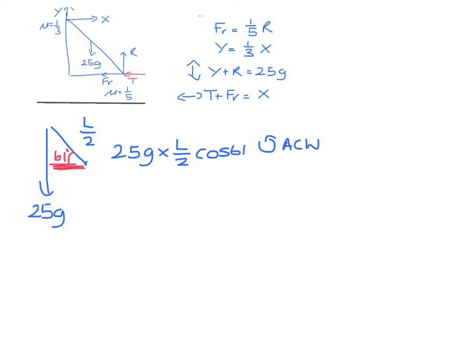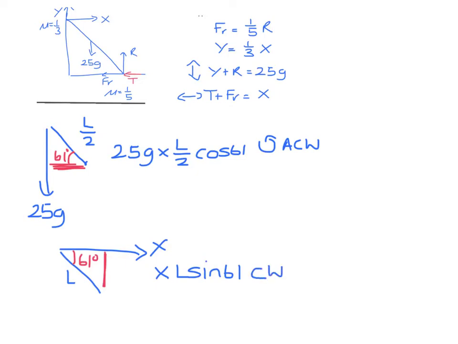Next force that I meet is the X. I have to add in the opposite the angle, and I've gone a distance L up the ladder. So this moment is going to be X times L sine 61, and it's going to be a clockwise force. Finally, I have the Y force.